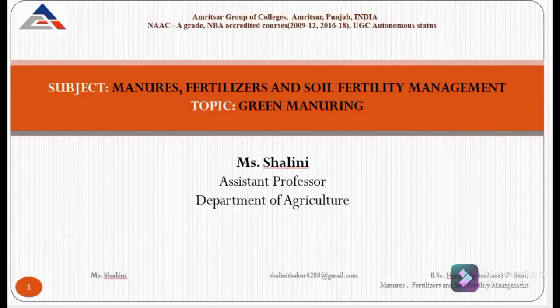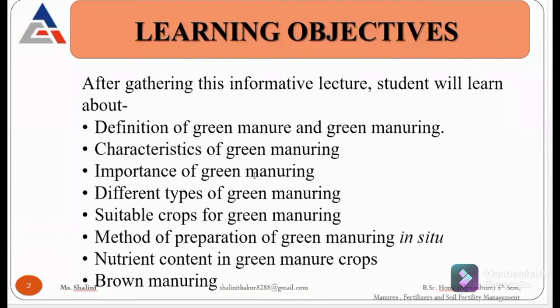Today we learned in this subject about the topic that is green manuring, and we learned different information about this topic. Knowledge about green manuring: what is green manure, what is green manuring, what are the characteristics of green manuring, what is the importance of green manuring, what are the different types or kinds of green manuring we are doing, what are the crops suitable for green manuring, and what is the method of preparing green manuring.